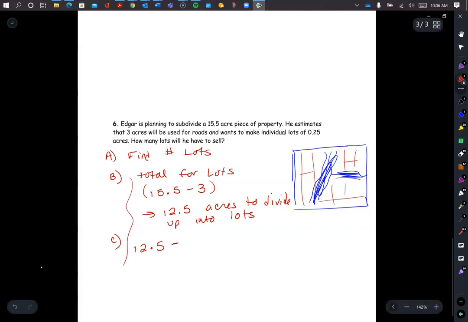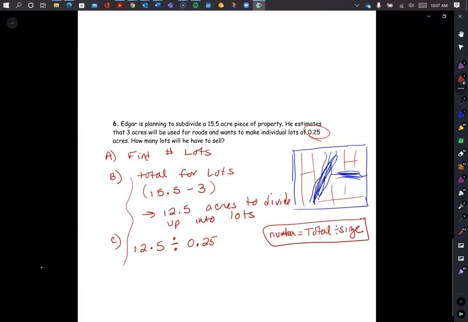And then you're going to divide that up by the size of the lots. So that's another kind of little tip there, is you would have total divided by size. That's how we get our number. So you might want to keep track of that little formula there.